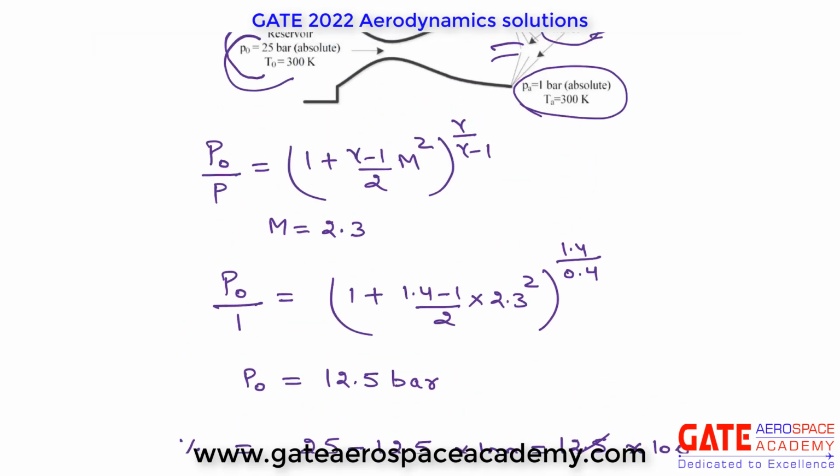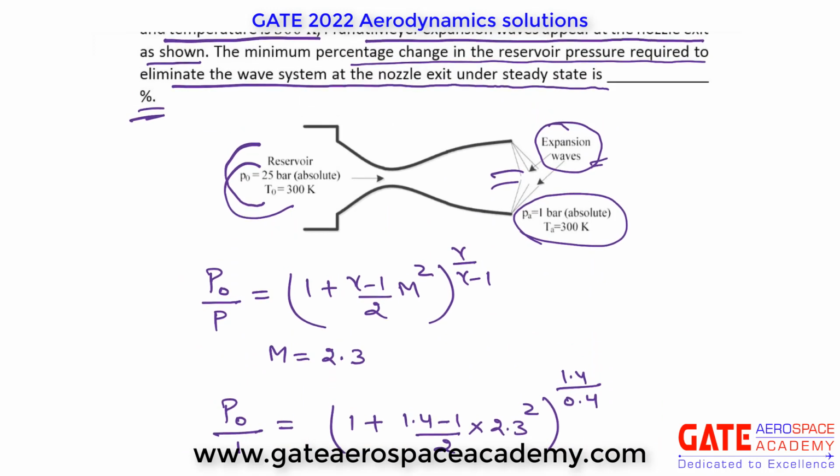So it should be changed by 50% to eliminate the wave system at the nozzle exit under steady state condition.